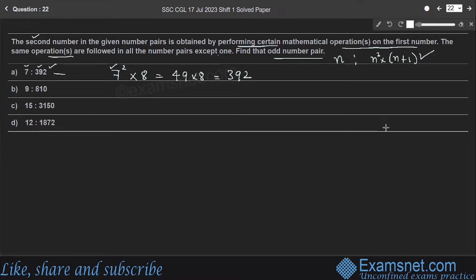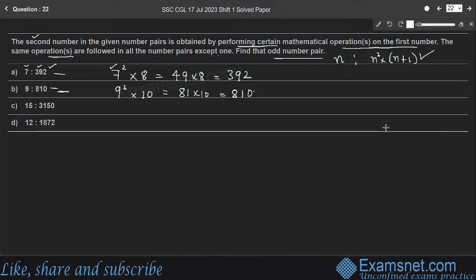Here the logic is n square into n plus 1. Let us check whether the second pair follows the same logic or not. So n is 9, so n square is 9 square, into n plus 1, which is 10. So 81 into 10 is 810, which is the second number. Therefore, it follows the same logic.